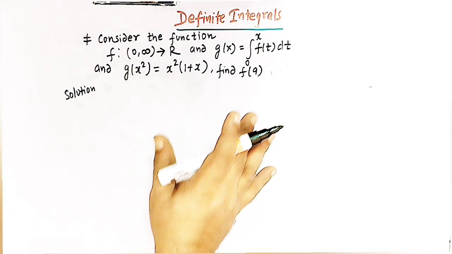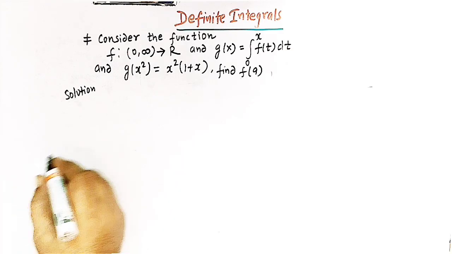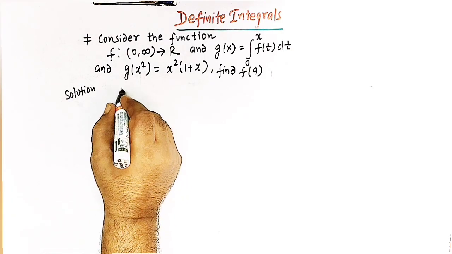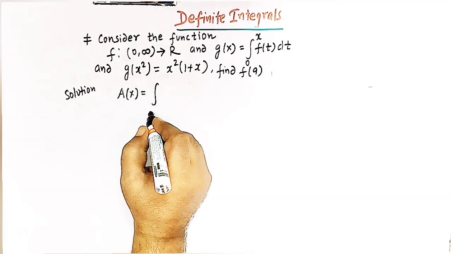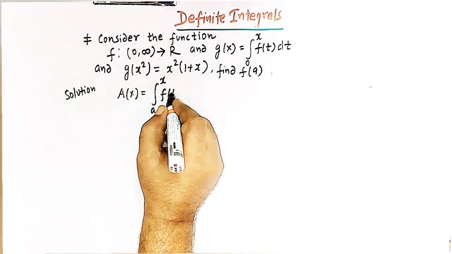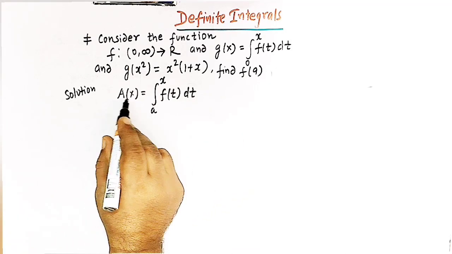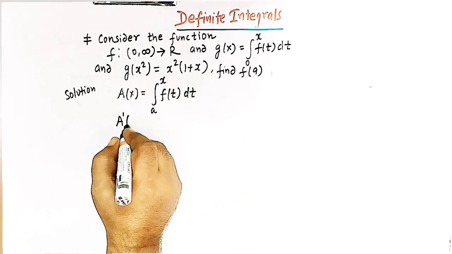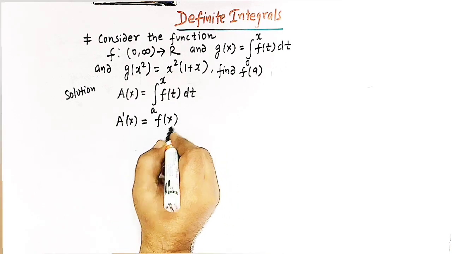So now to solve this problem, we have to make use of the fundamental theorem of integral calculus. The fundamental theorem of integral calculus says that if we have a function, say A of x, which is equal to the integral a to x of f of t dt, then the derivative of A of x, that is A prime of x, is equal to f of x, right?